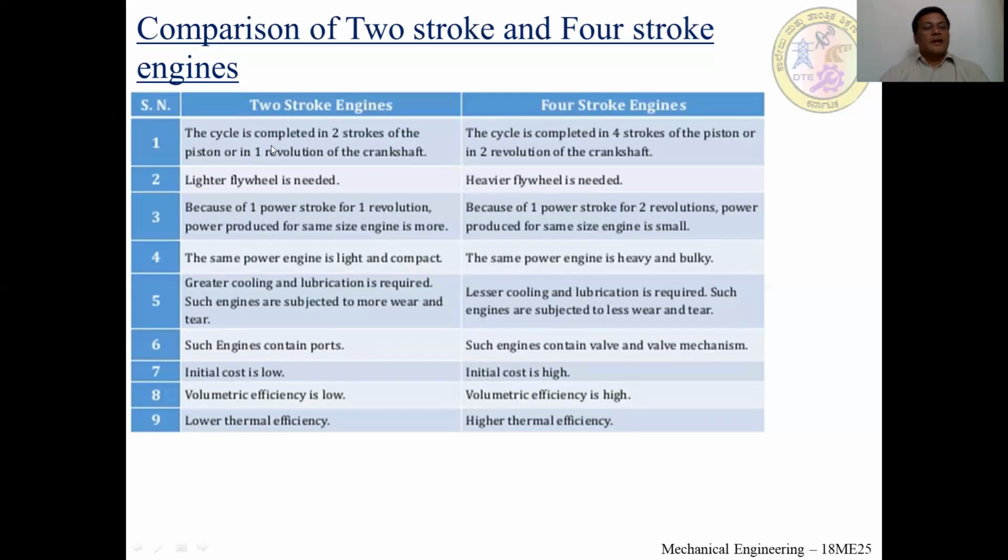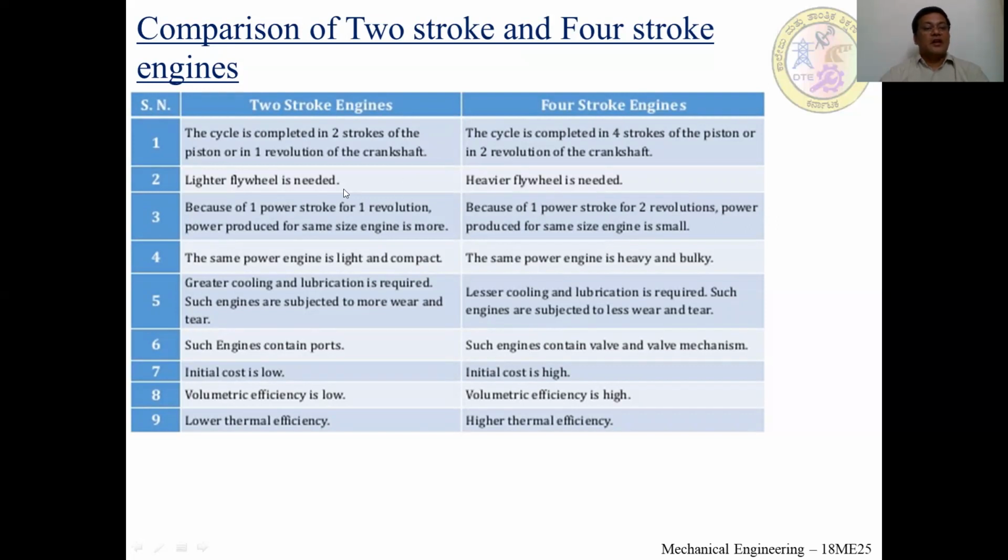First difference is the cycle of operation. In a 2-stroke engine, the cycle is completed in 2 strokes of the piston and 1 revolution of the crankshaft, whereas in a 4-stroke engine, the cycle is completed in 4 strokes of the piston and 2 revolutions of the crankshaft. This is the major difference.